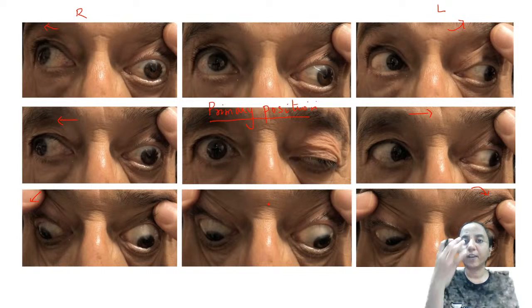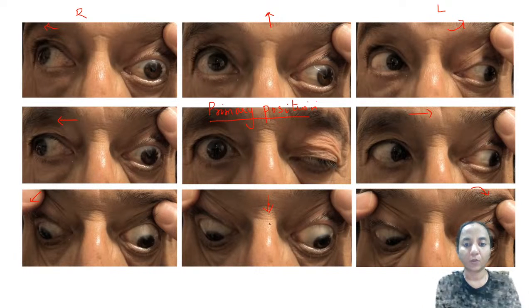The picture on top is when the patient is looking straight up, this is when the patient is looking straight down, this is when the patient is looking to the right, and this photograph is when the patient is looking to the left. Now this is up and right, this is down and right, this is up and left, and this is down and left, right?